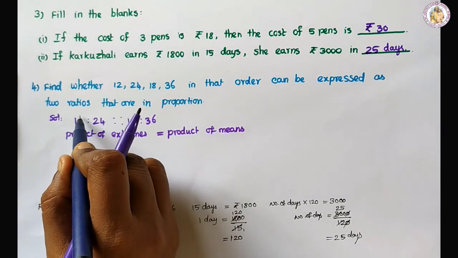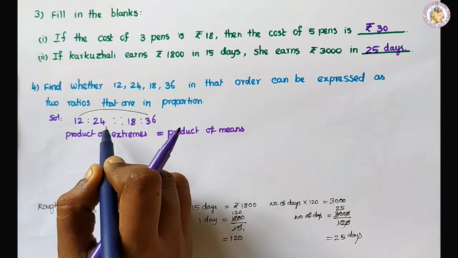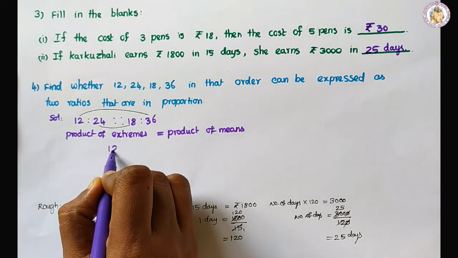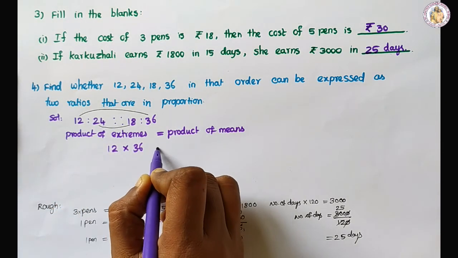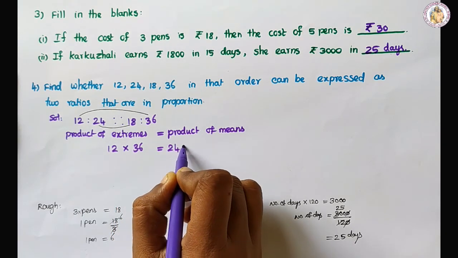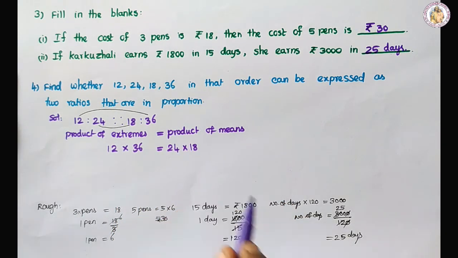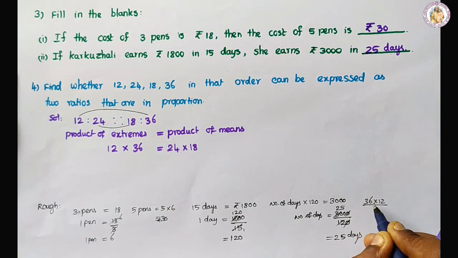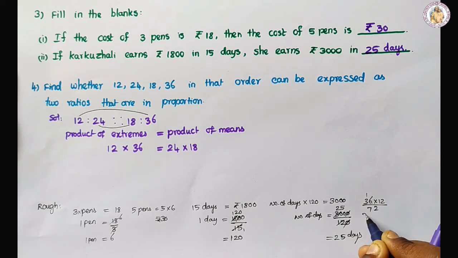So listen, that is product of extremes. Here product of means. Product of extremes is 12 into 36 equal to 24 into 18. So multiply that. 36 into 12. 6 2s are 12. 3 2s are 6 plus 1 7. Again 1 times. So 36, that is 2. 13 carry over 1, that is 4. 432.